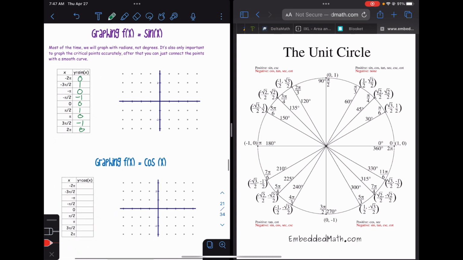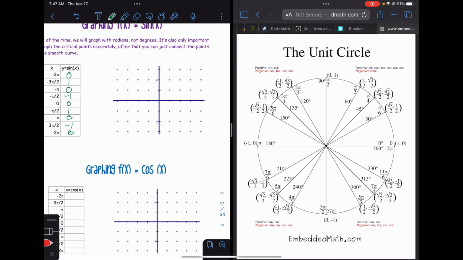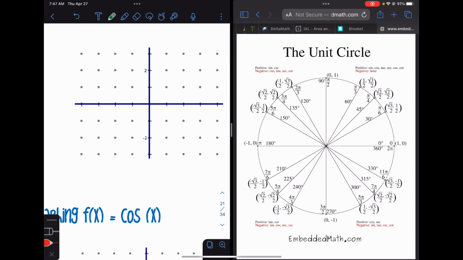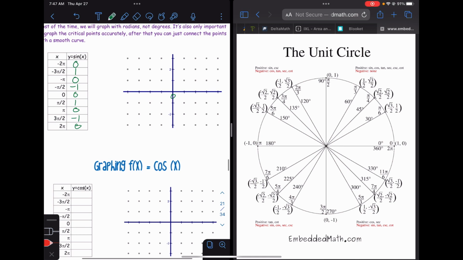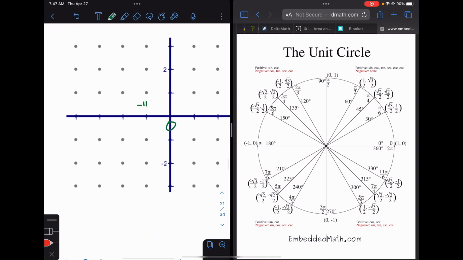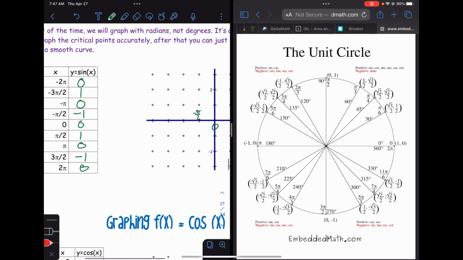When we go ahead and graph this, we are going to have this be our 0 mark. Then let's go 1, 2, 3. This is going to be our negative pi over 2, then negative pi, negative 3 pi over 2, and negative 2 pi.